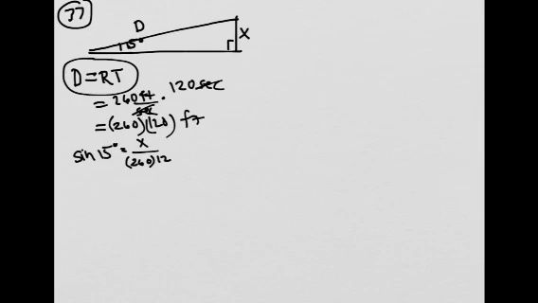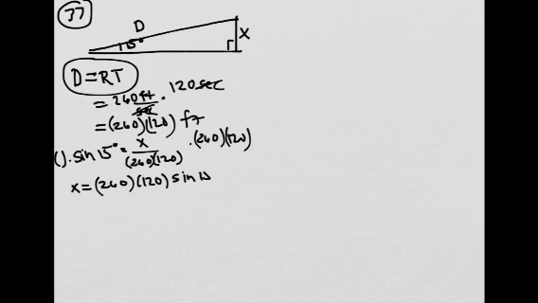You have the answer key, so you know what the number is. I don't have a calculator right now, and I don't want to take the time to punch it in. Then you solve for x by multiplying both sides by 260 times 120, whatever that number was, and do that on both sides. I'll just put parentheses there, and I'll write x equals 260 times 120 sine of 15. Whatever number you get, it's feet.